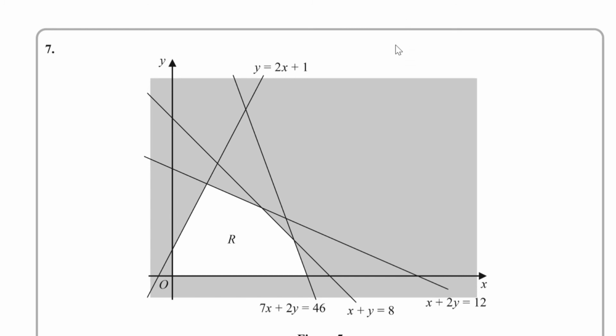So, for each of these equations, let's find the corresponding inequality. So if I take a look at y equals 2x plus 1, I want the region underneath this line, which means I want y to be less than or equal to 2x plus 1.